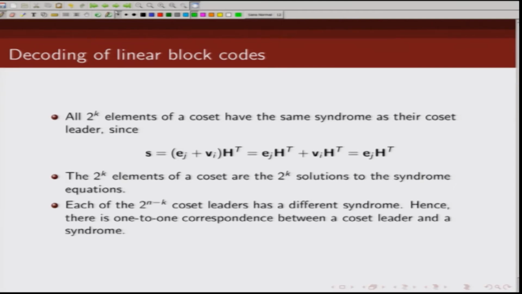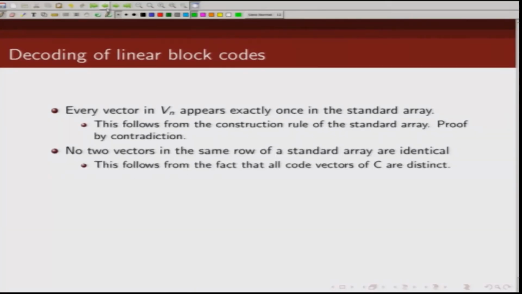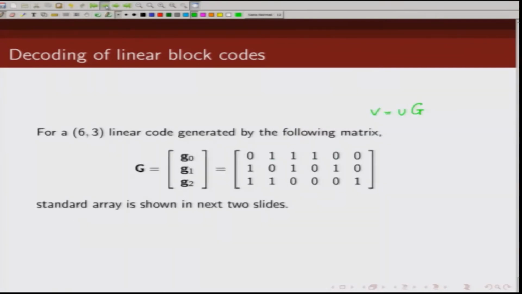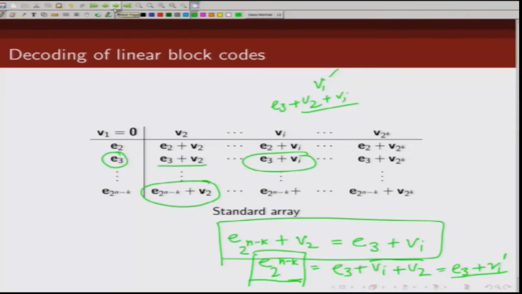And another interesting thing is, each of these cosets, or each coset leader, will have a different syndrome. Why? Because each of these rows corresponds to a different error pattern. Again, let us go back to the diagram that we had for the standard array. This row is related to E2. So, if we compute the syndrome for any of these received vectors, we will get the syndrome corresponding to E2.